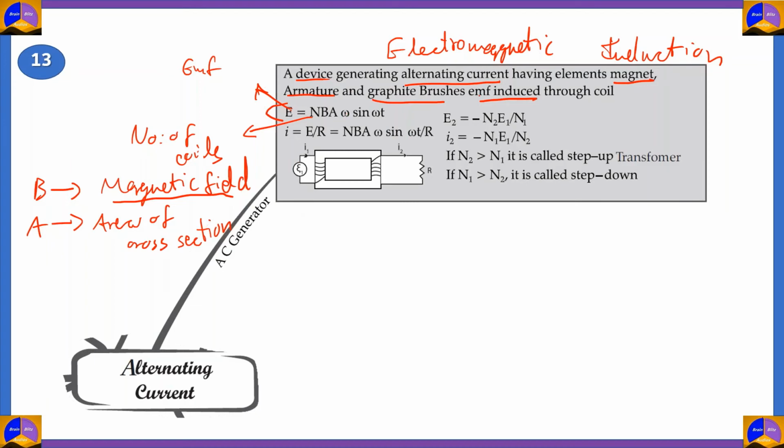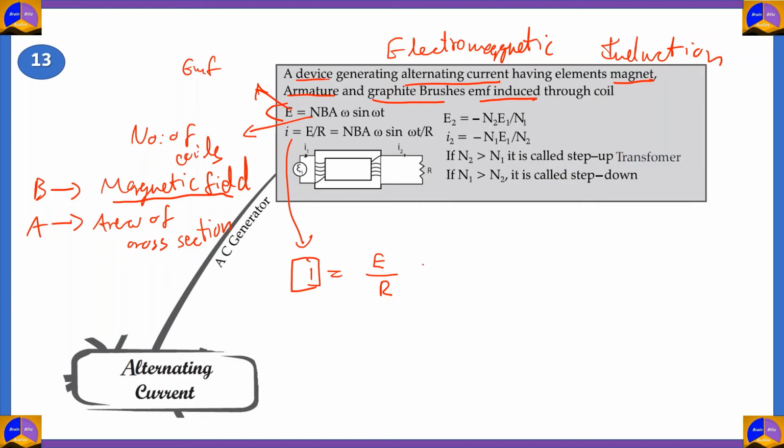So how do we find the current that's generated here? Well, that's pretty simple too. We use the formula I is equal to E by R. So I is the current produced, E is the total EMF that's already produced, and R is the resistance.